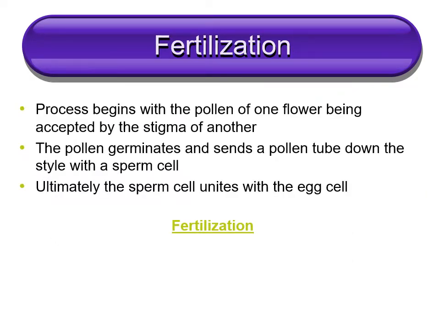In sexual reproduction, obviously we've got pollen, we've got flowers, we have compatibility. The next step is fertilization. This is the process where the pollen lands on the stigma, and then the pollen absorbs water and begins to grow a pollen tube down through the stigma into the style and all the way down into the ovary, ultimately delivering genetic information to the egg cell, in this case a sperm cell or sperm nucleus, to the egg cell or egg nucleus, and then forming an embryo.